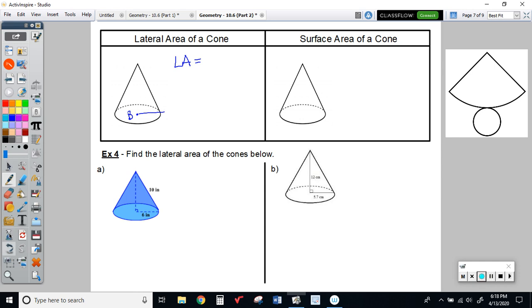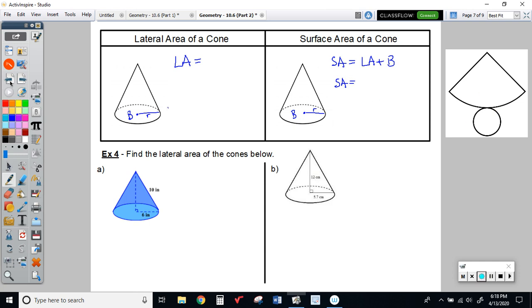I am thinking about the radius, but that will be involved in here somehow, but I'm not going to add the area of the base when I'm all done. So this surface area is going to be lateral area plus the base, but I need to know what that lateral area part is.